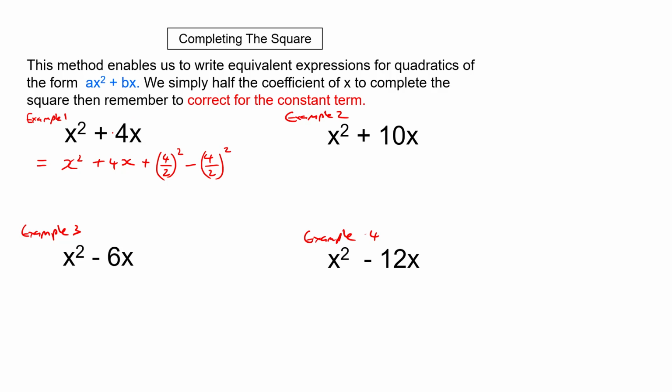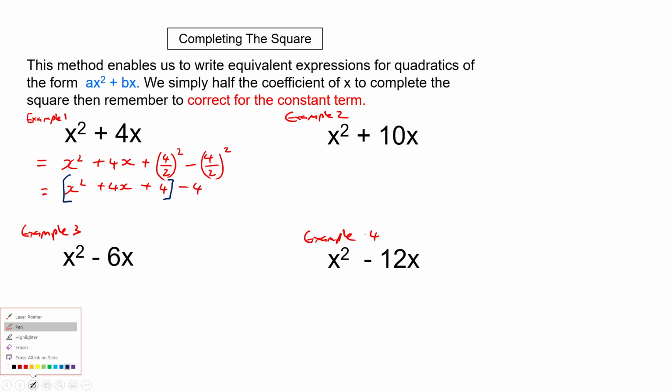So you can imagine, if I had x squared plus 4x plus 4 minus 4, those cancel, so I haven't changed it at all. So that gives us x squared plus 4x plus 2 squared, which is 4, minus 4. Now, if I look at that first part, I'm just going to put brackets around here.